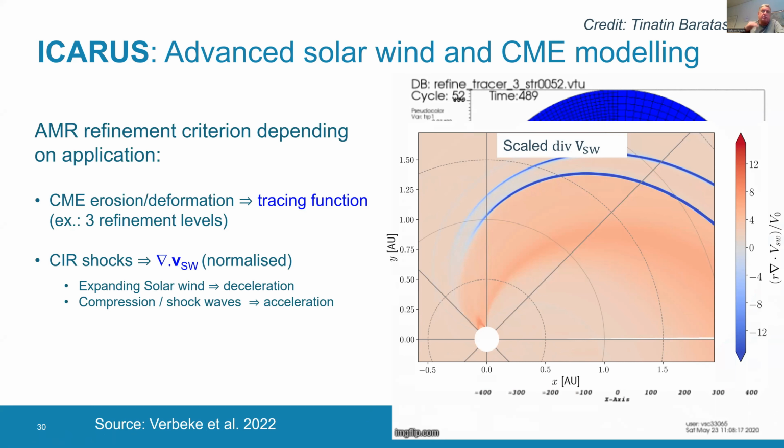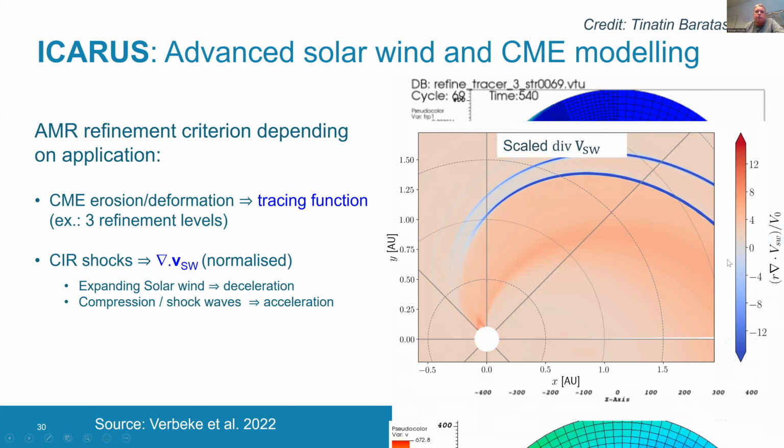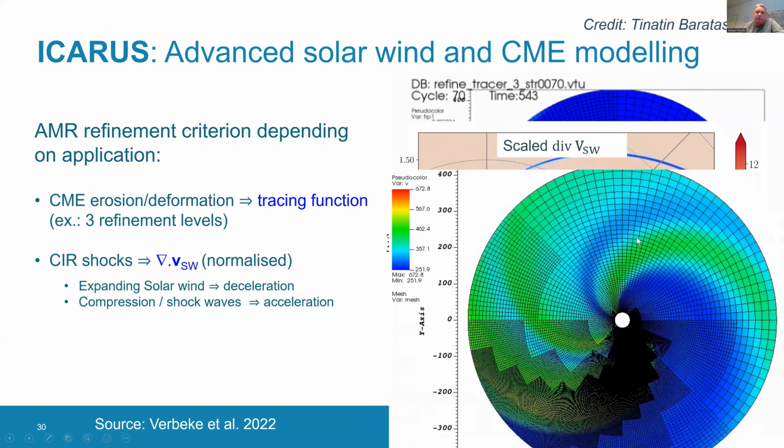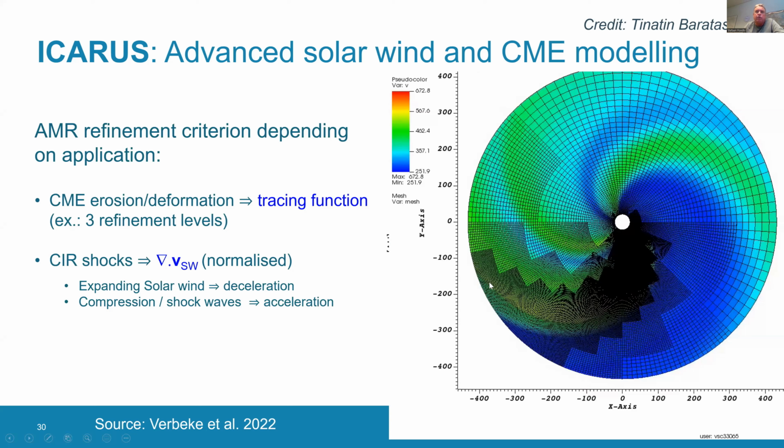So you put thresholds on that, and then you can only increase the grid size in the shock waves of this CIR. We can also, if we have a complete CIR, say we want high resolution of the whole CIR. This is all possible. It's very flexible, and we are playing now with these different parameters to improve the modeling and to speed up the modeling, most of all.